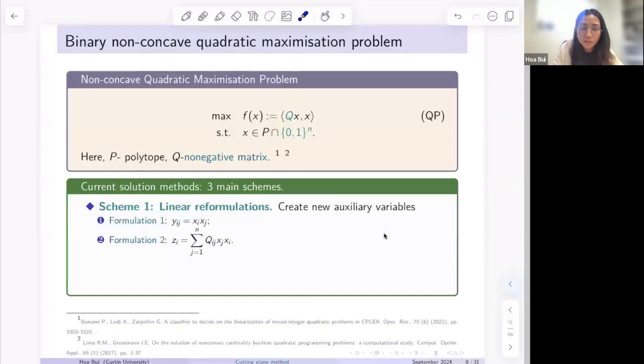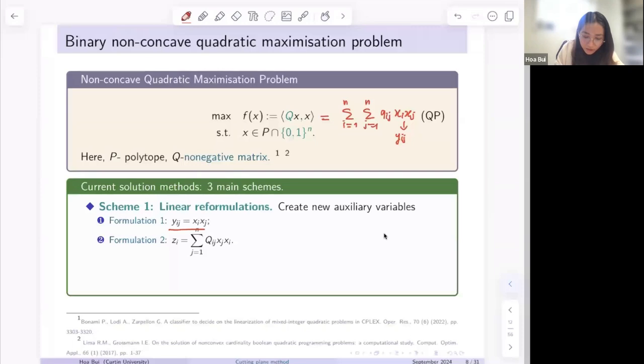The first formulation is to introduce a new variable yij, which represents xi xj. So for this formulation, we replace xi xj by yij. So we have a new linear model with some extra auxiliary variables.